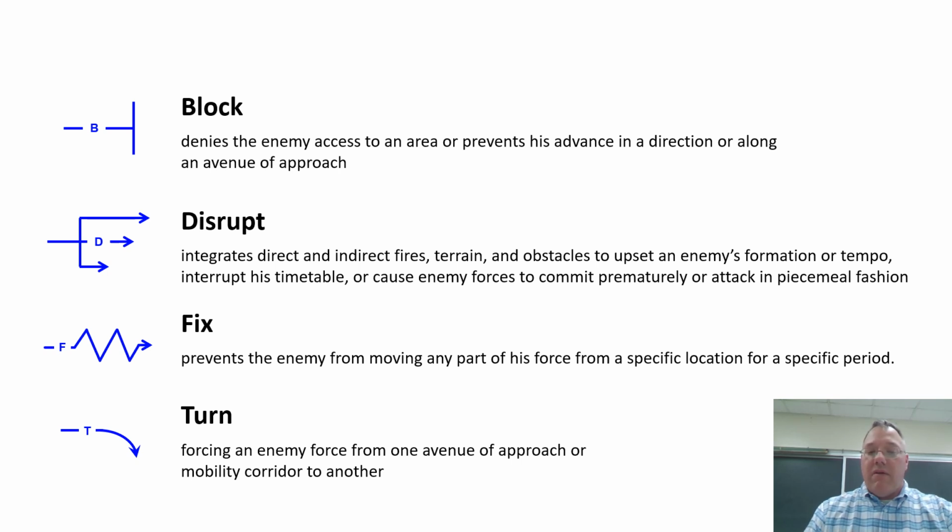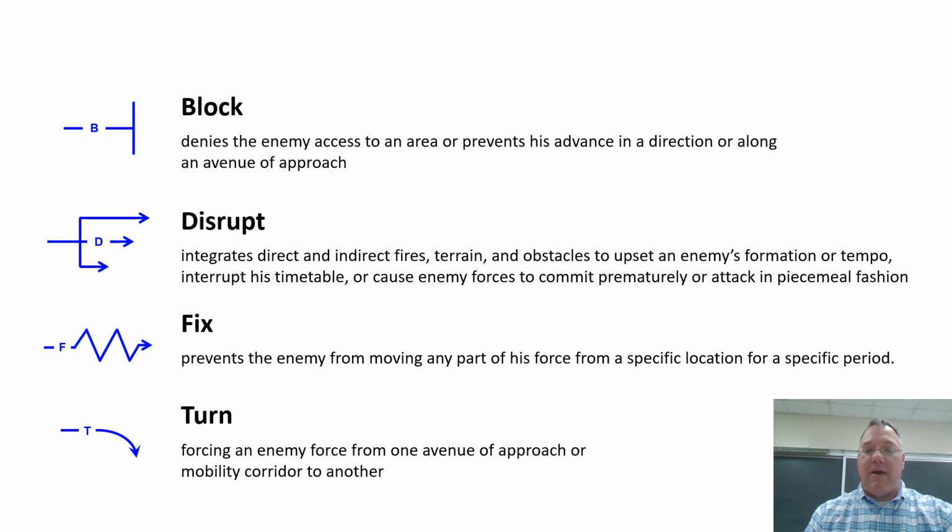Fixing the enemy, though, means I want to keep them in a single spot, and it's tied to the terrain. I want to fix them in a certain location and keep them there for some amount of time, usually so we can do something else to them, like bring in another maneuver force to attack them from the flanks, or bring in indirect fires and hold them in a position.